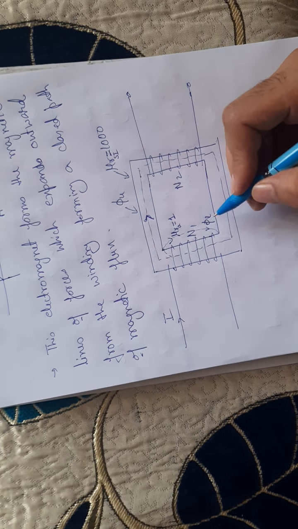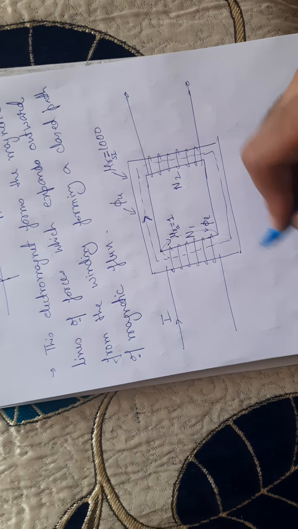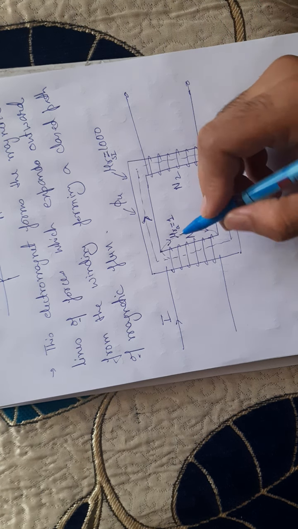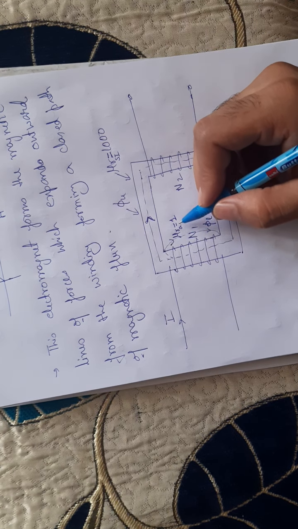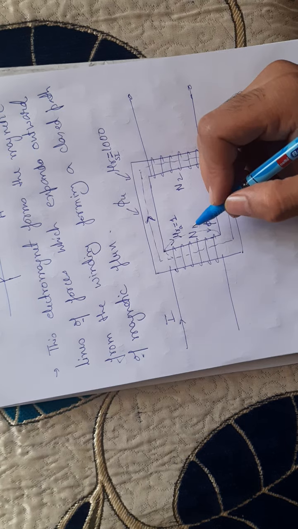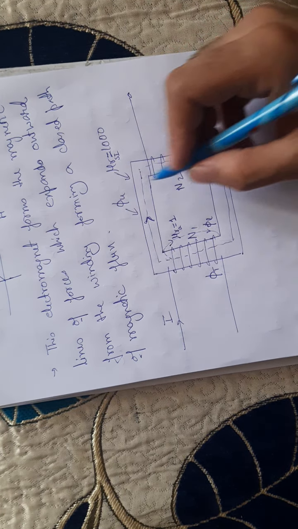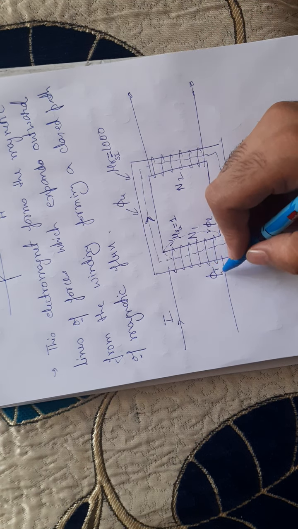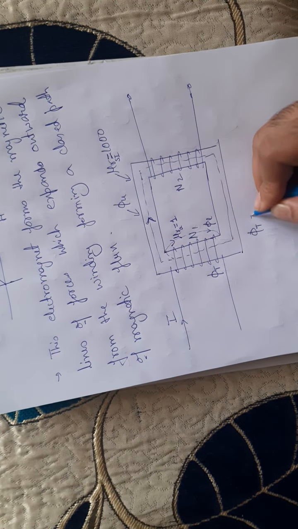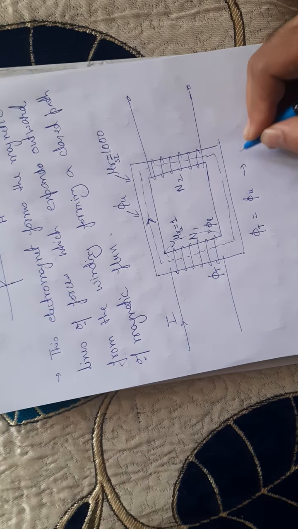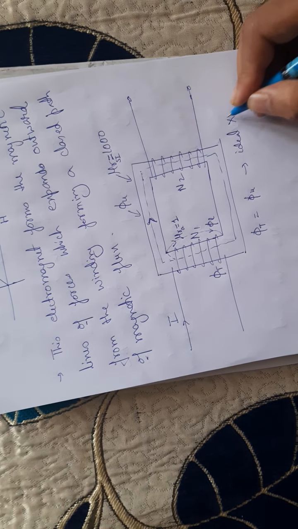In the ideal case, we say that we have a perfect or ideal transformer where there is no leakage, or mu r of air is equal to 0. There we can say that the total flux generated will flow through the core. At that time phi total will be equal to phi useful. This is the ideal transformer.